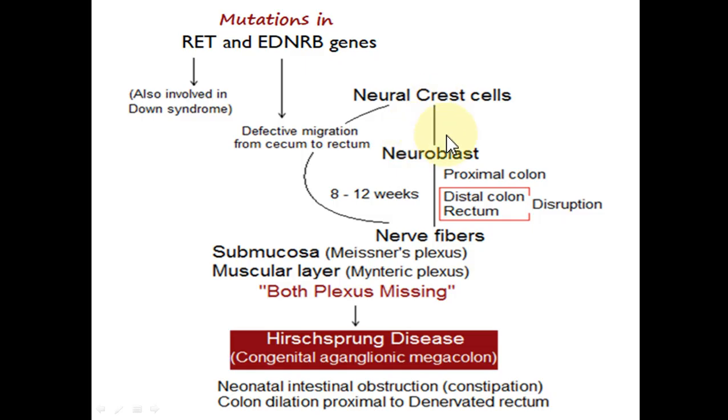So the development of the neuroblasts starts at the mouth and goes on towards the rectum. But if there is any interruption in this journey of the nerve cell development from the mouth towards the rectum, at any part, that part of the intestine will be deprived of the myenteric and Meissner plexus.